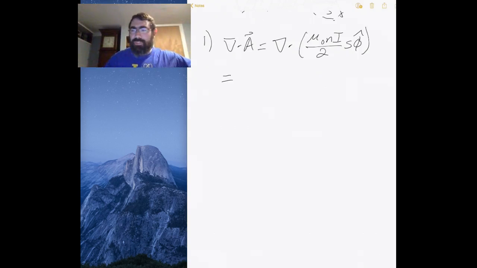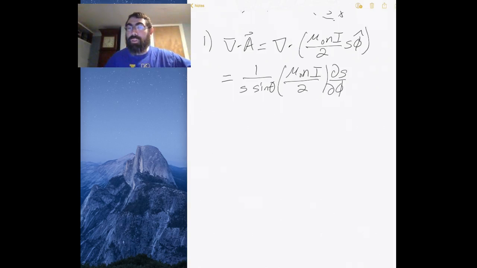And when you take that divergence, you get 1 over s sine theta times mu 0 Ni over 2 times d by d phi of s, because you only have a component in the phi direction, and that is equal to 0. So that's for when the radius is less than the total radius of the solenoid.